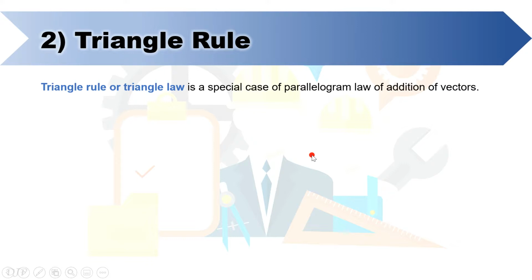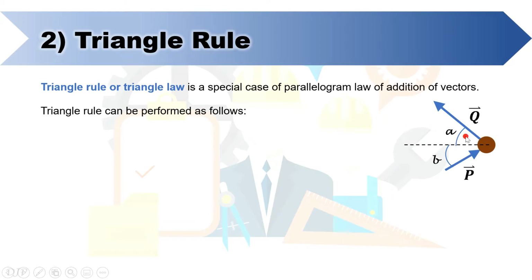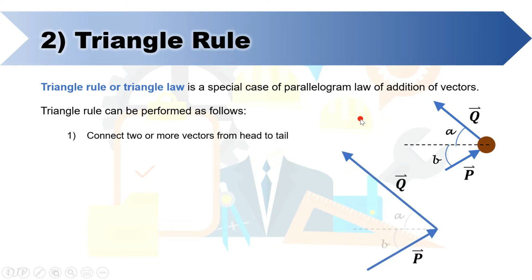To perform this method in solving for the resultant force, let's consider this example. A particle is acted on by two given inclined forces Q and P with given angles of inclination, angle A and angle B. The first step is to connect two or more vectors from head to tail, such as this one.